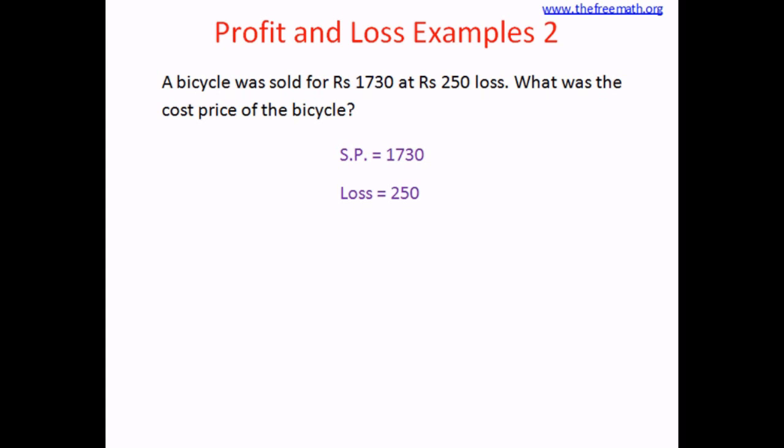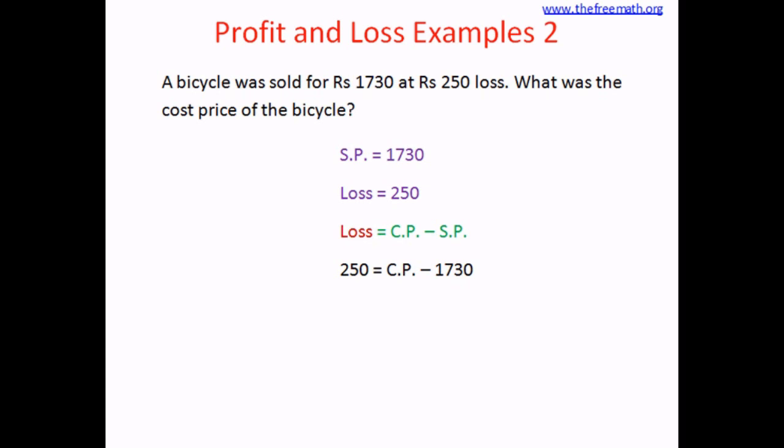So loss equals 250, and you know that loss equals cost price minus selling price. So let's substitute the values. 250 equals CP, which is the cost price which we have to find out, minus 1730. Now if you are confused what to add, what to subtract, you can always work out a simple problem on the side and then replicate here.